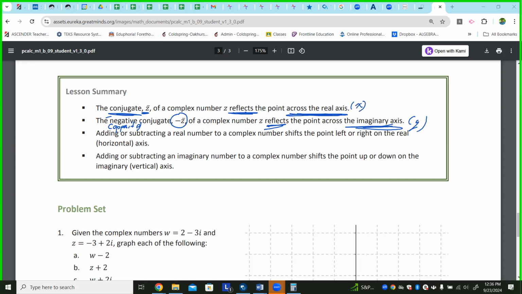All right, all important. When we add or subtract real numbers, we saw it shifts left or right. When we added or subtracted imaginary numbers, we saw it shift up or down. That's the biggest takeaway. Opposite. Sorry, that's opposite.